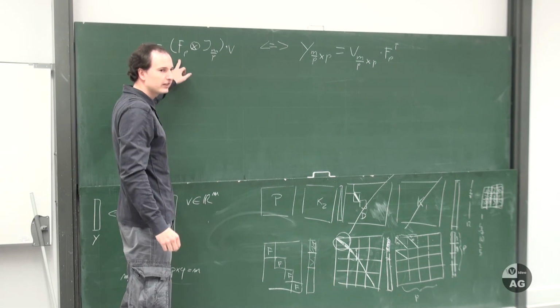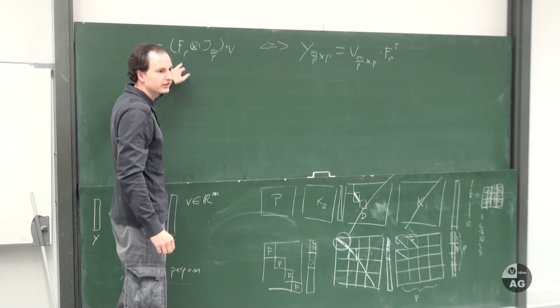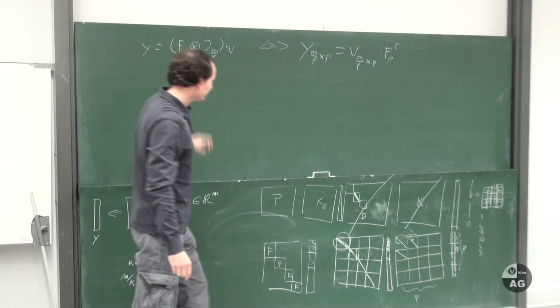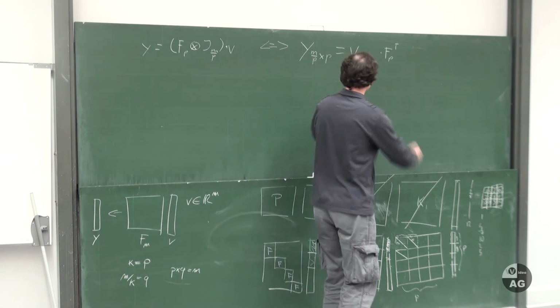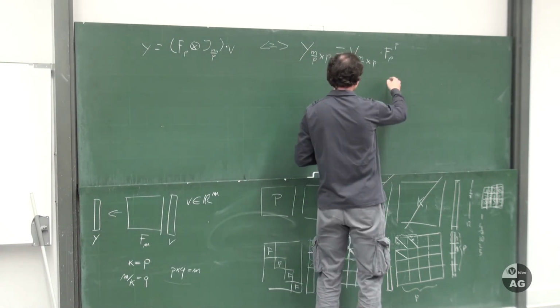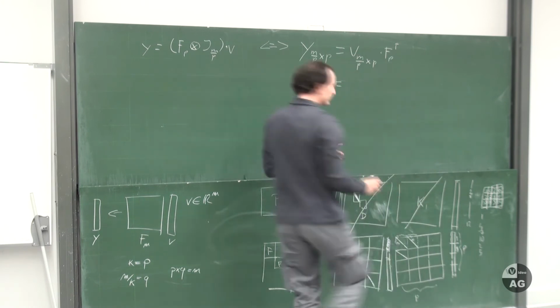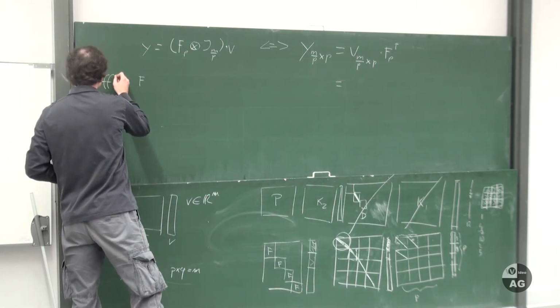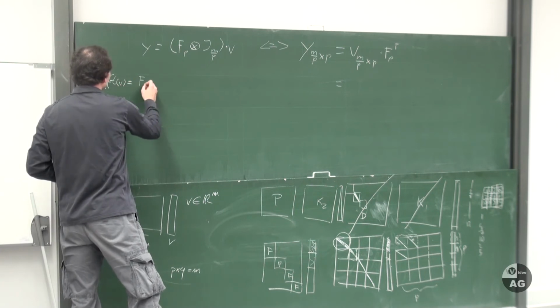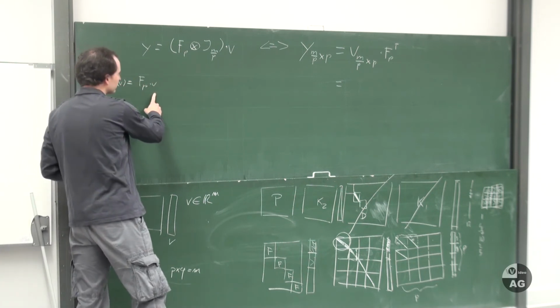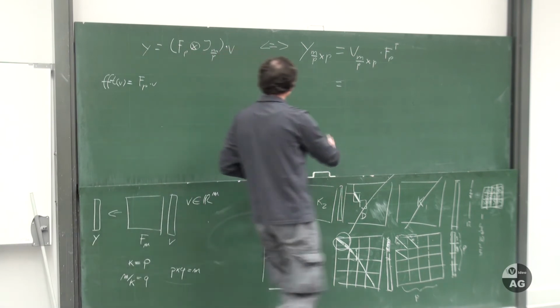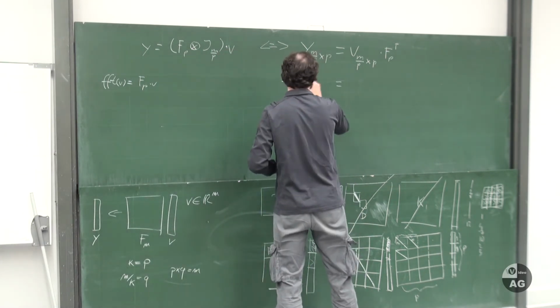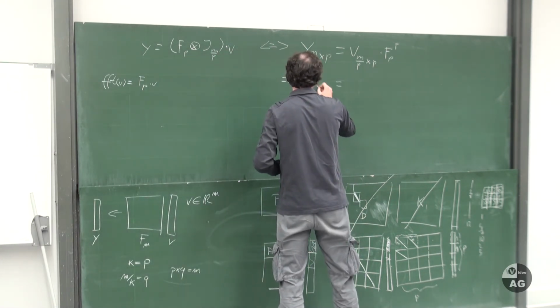So how can I make it so that I can use FFT for this function? I have to have a form like that. FFT of a vector is something like Fp times the vector, so I need this kind of representation. Yeah, so I can just transpose everything.